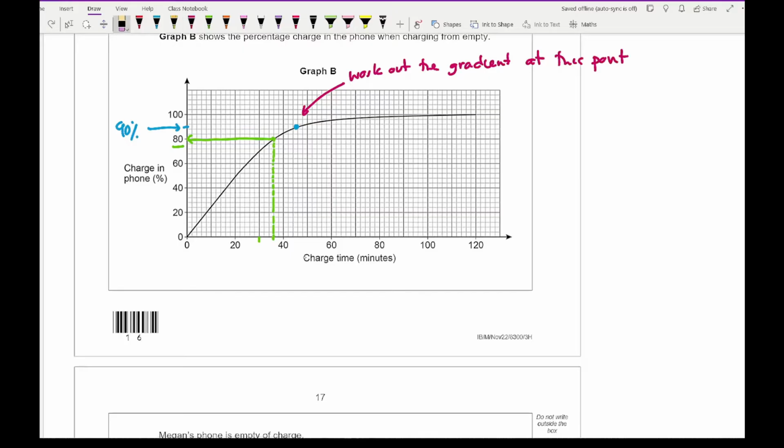To do this, you need to draw a straight line with a ruler so it touches the curve only at that point there. Then you turn that into a right angle triangle and work out the gradient. So you want to work out this distance here, which I work out to be about 20.